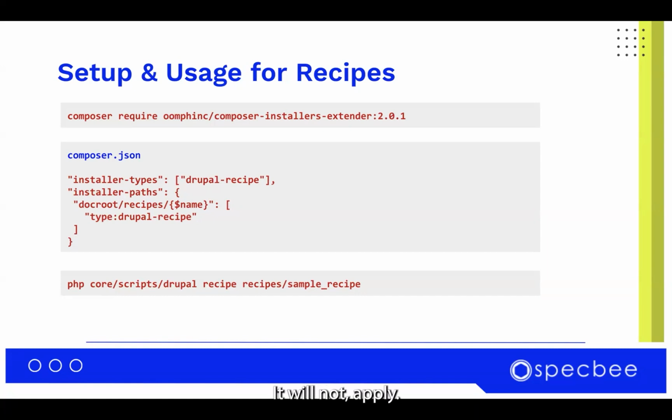It will not leave a recipe with errors applied that would break the site. If there are some errors in the recipe and the application failed, the Drupal core script will revert back to the previous state of configurations the Drupal site was in.